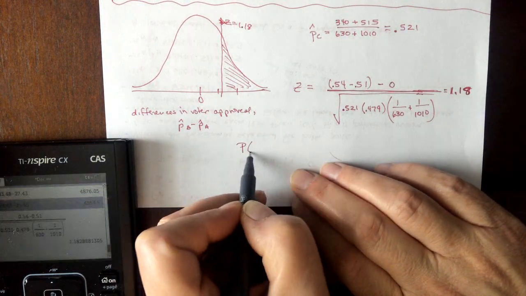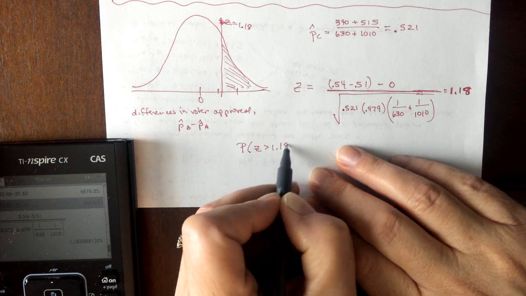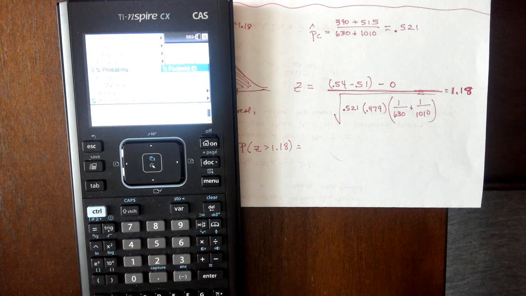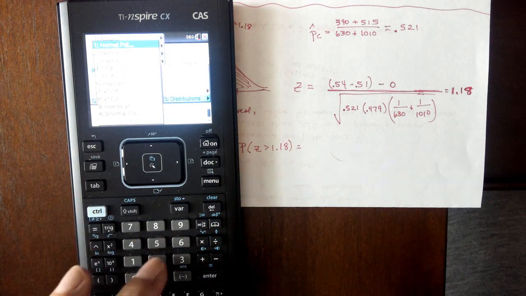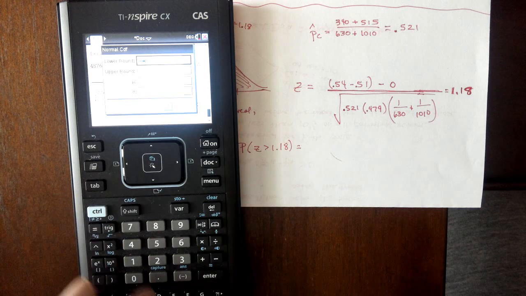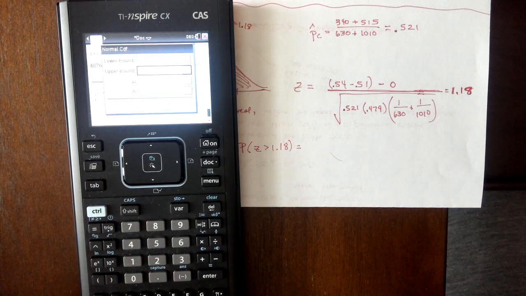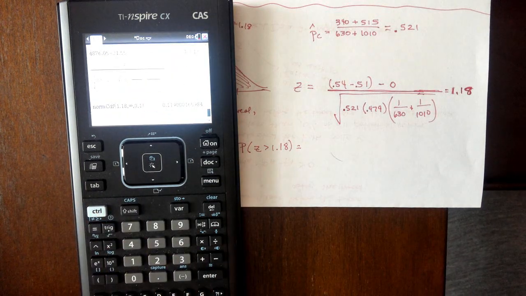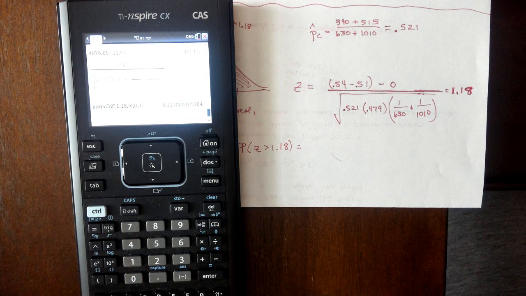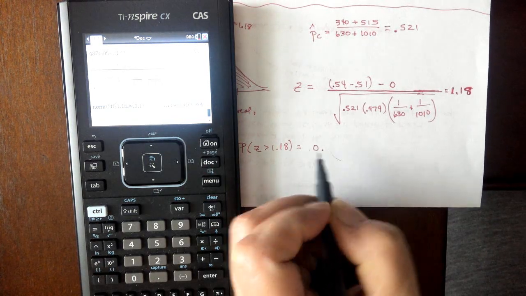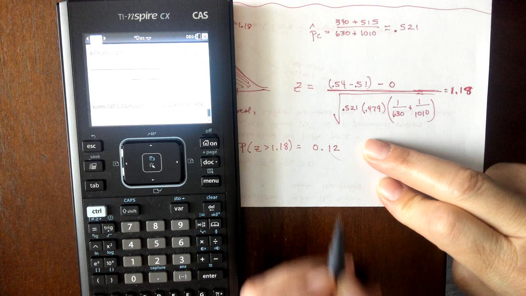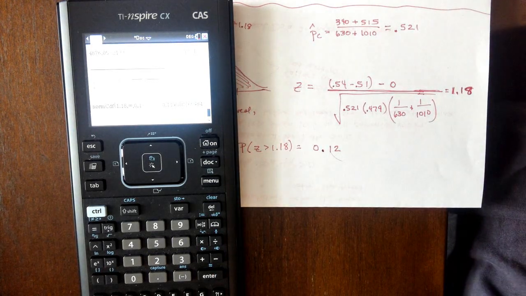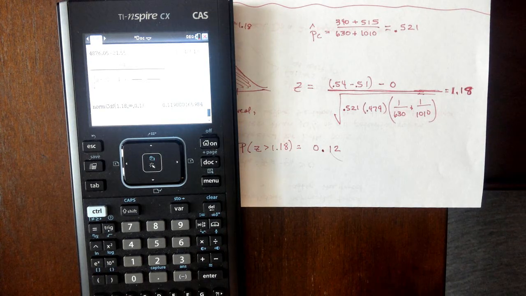So to finish it, we want the probability of a z-score bigger than 1.18, and that is menu, probability, distributions, normal CDF, lower bound of 1.18, upper bound of infinity, and that gives us a probability of what rounds to about 0.12, which is the same thing we get if we had the 1.17.